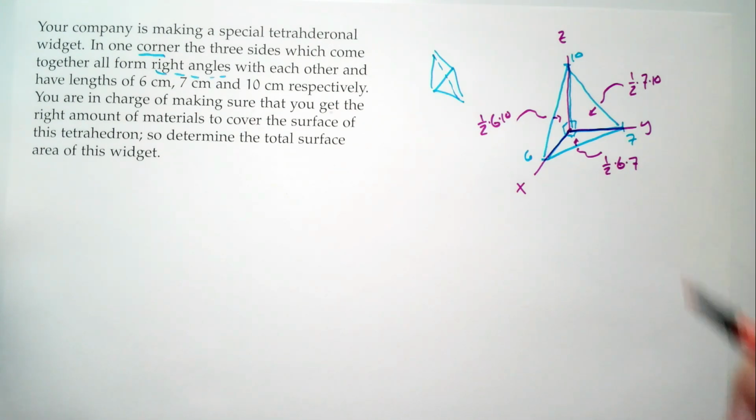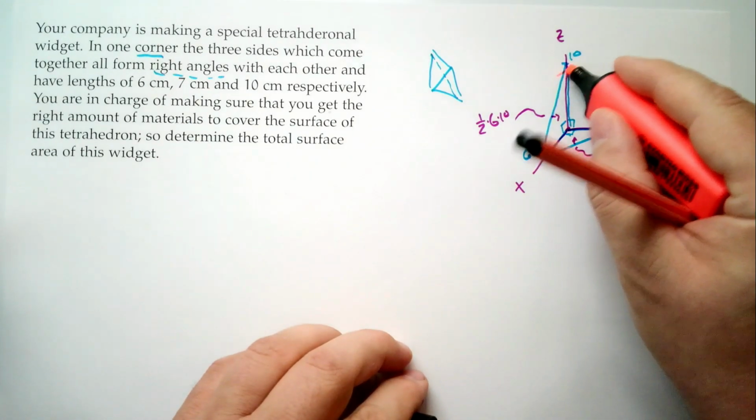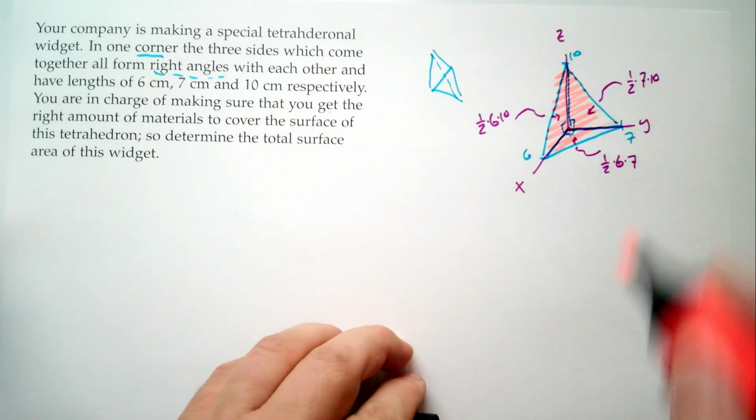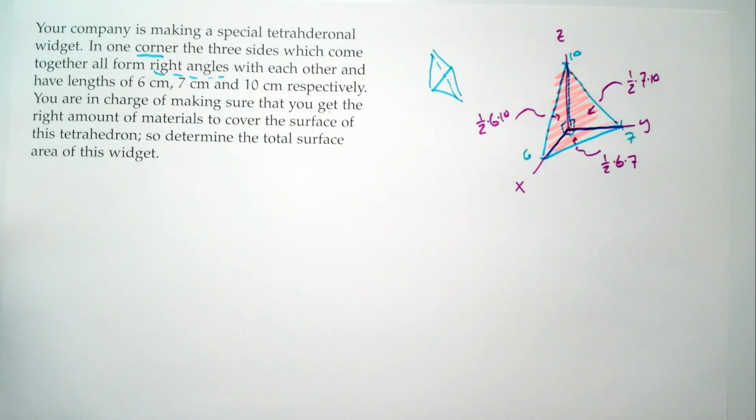All we have to do to finish up is find the area of that face. To do that, we can use our tools. What's our tool for finding areas of triangles? The cross product. The magnitude of the cross product has a geometrical interpretation as area.